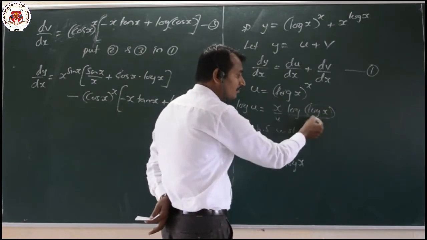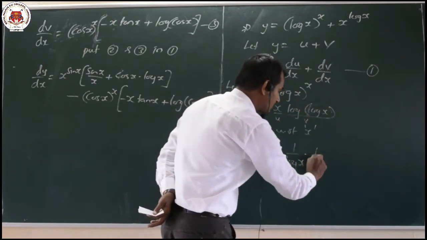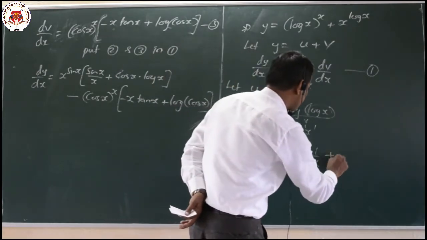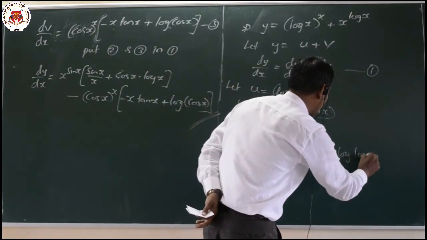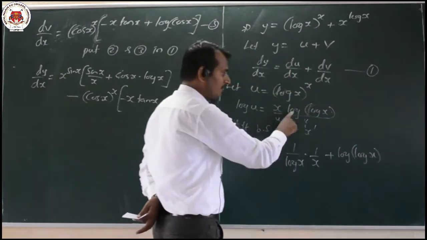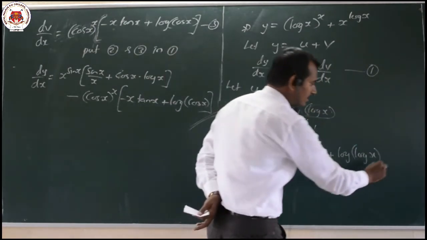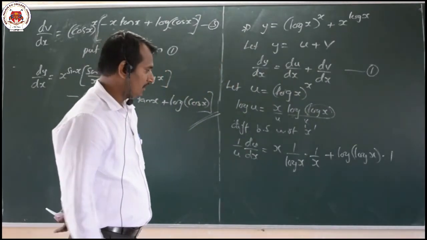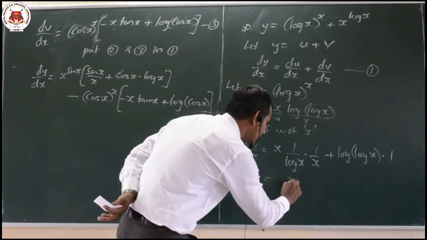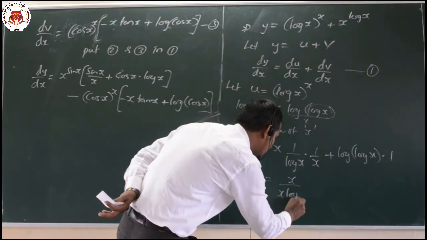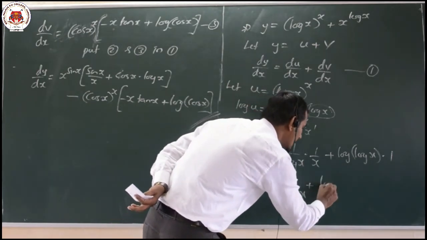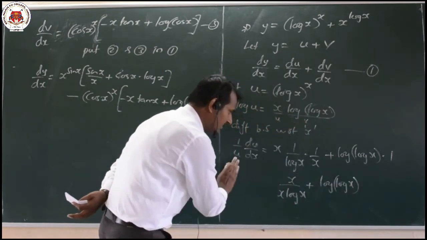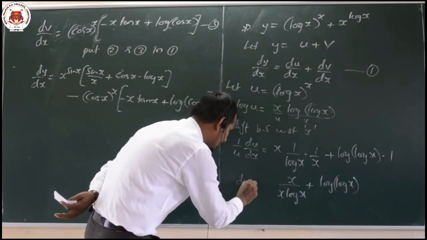Further differentiation of this innermost part, that is 1 by x here, then plus log of log x as it is, differentiation of x is 1. Which is nothing but x divided by x into log x plus log of log x. Now here I will take this u to the RHS.